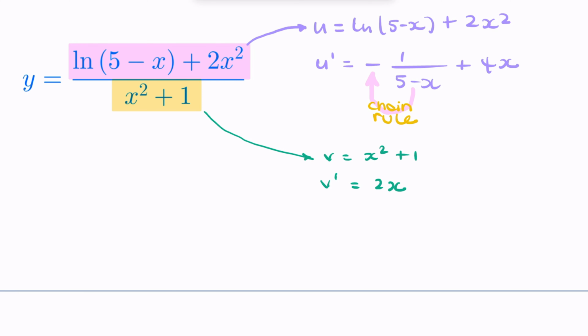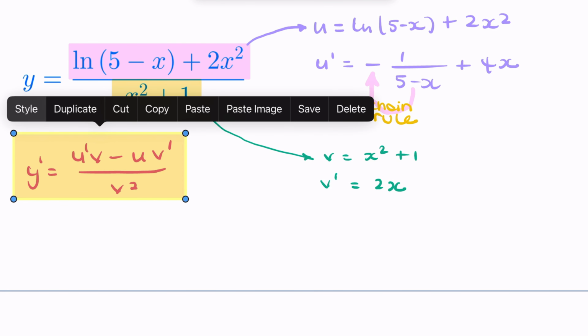And just as a reminder of the quotient rule, y dash will be u dash v minus u v dash, divided by v squared. So that's the quotient rule. You're almost certainly given that in the exam.